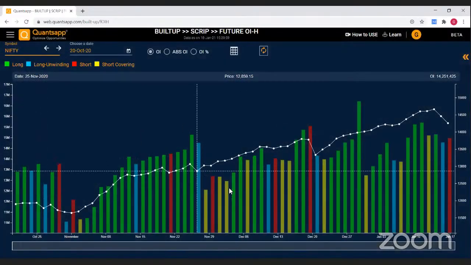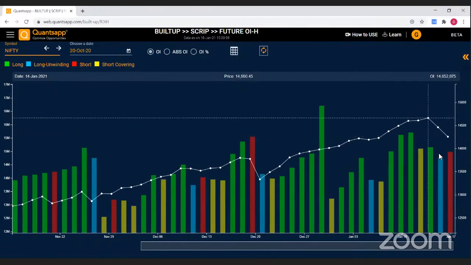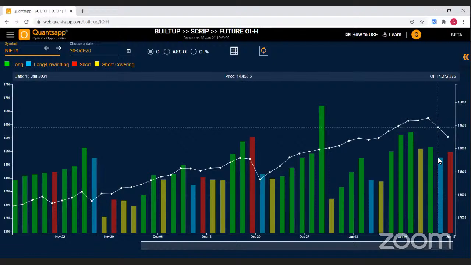So now here you can see, as we have discussed, the green indicates long, blue indicates long unwinding, yellow indicates short covering, and red indicates short build-ups. Here you can see the day-wise price and the OI, whether the OI has declined or increased.